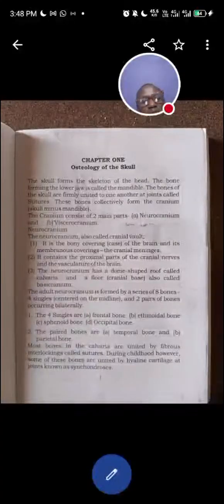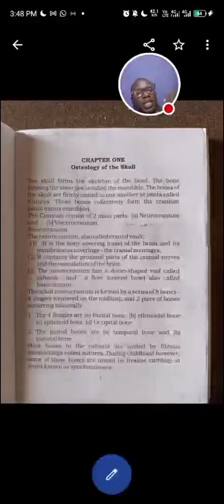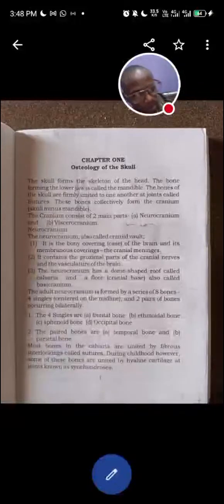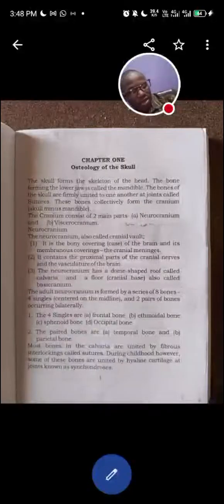The neurocranium has a dome-shaped roof called the calvaria and a floor called the basicranium. The first four are frontal, occipital, sphenoid, and ethmoidal.